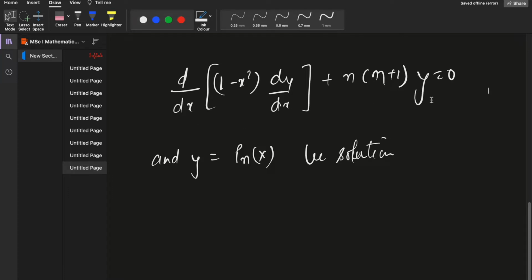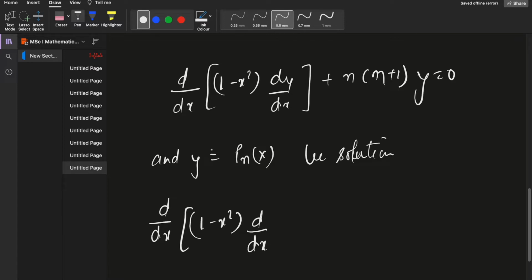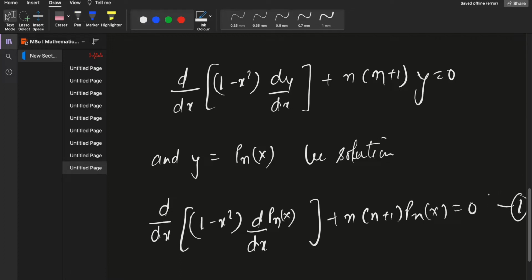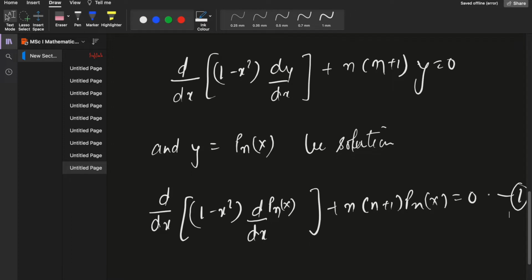So the final Legendre equation becomes d upon dx of (1 minus x square) d upon dx of, instead of y I will write Pn(x), plus n(n plus 1) Pn(x) is equal to 0. Say this is equation 1. Alright, so I have converted the differential equation in terms of the Legendre polynomial Pn.